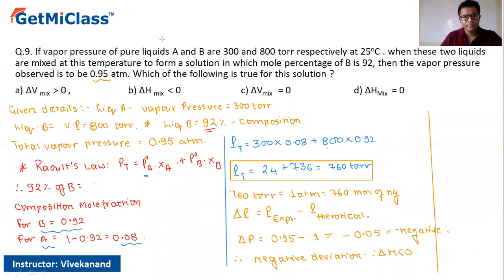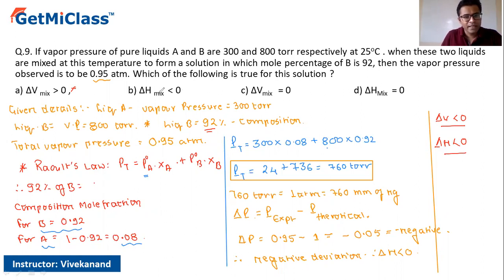Second point that we need to know now is what happens with respect to delta V. Delta V again is going to be less than 0. So delta H is less than 0, and delta V is less than 0. Now let's observe the options which are given. As this liquid shows negative deviation, delta V greater than 0 is not an option.